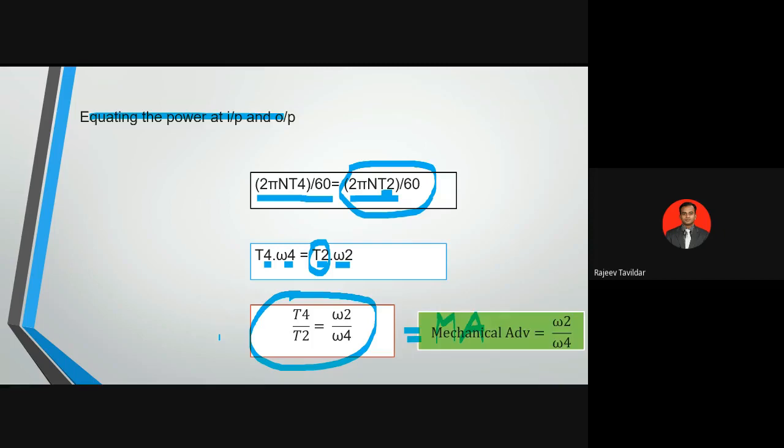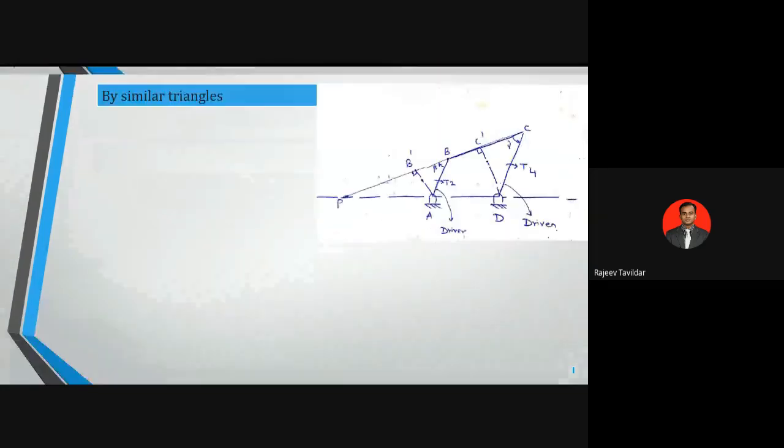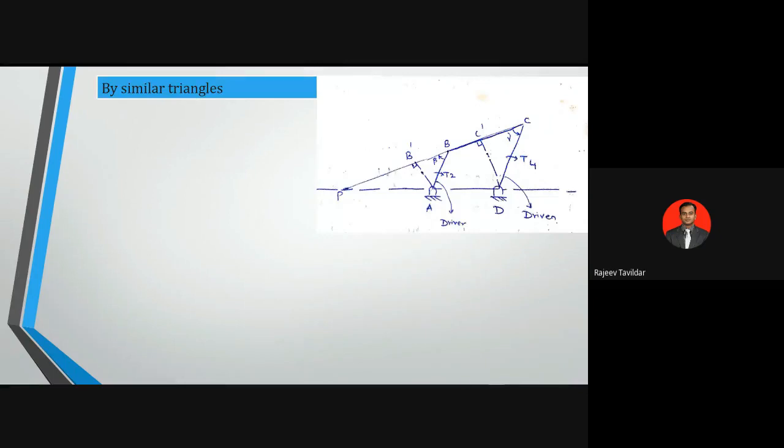That's what is written here, mechanical advantage is omega 2 upon omega 4. Now, I hope you can see the diagram clearly over here. I'm going to use the similar triangle concept.